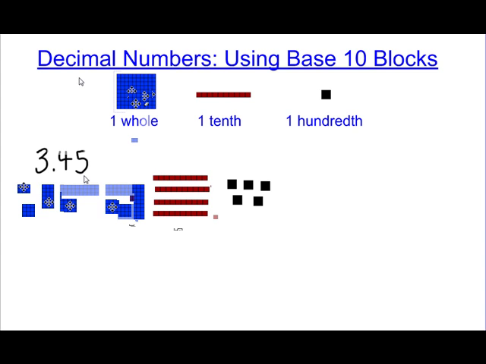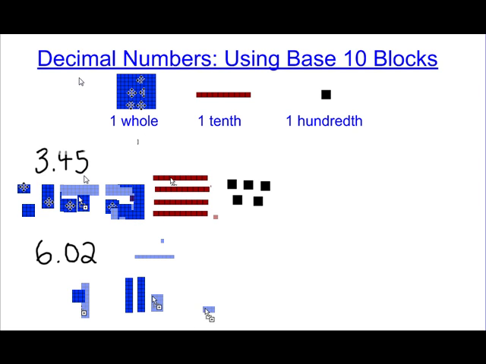All right, let's try another example. Let's use 6 and 2/100ths. So in this case, I'm going to need 6 flats, where a flat represents one whole, 0/10ths, because I have a 0 in the tenths column, or in this place value, and 2/100ths.